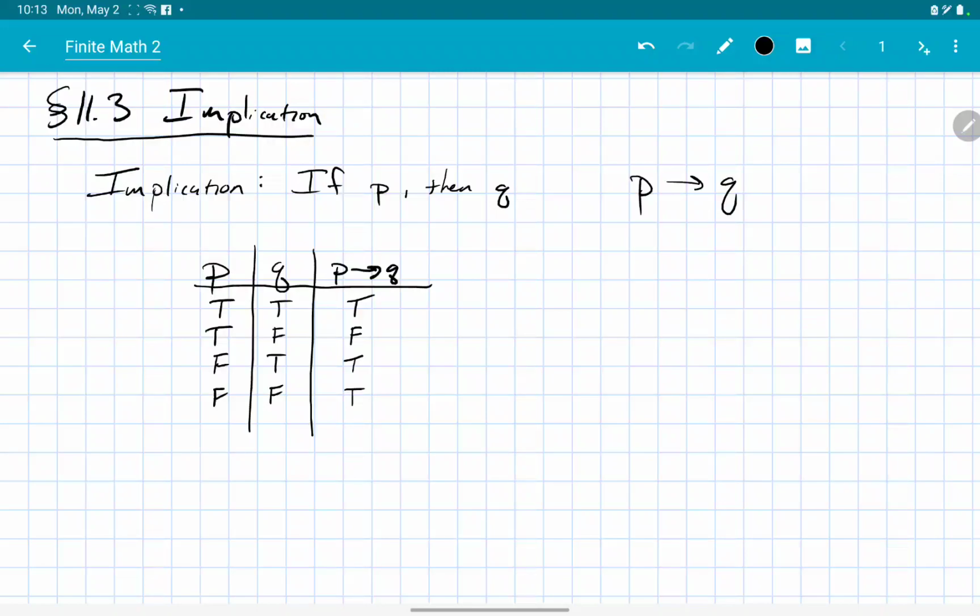Can someone tell me one of them? 6. Great example. 6 is not divisible by 4, but it's still even. But that doesn't mean the mathematical theorem, if a number is divisible by 4, then the number is even, is false. Okay? That's what's going on here in this second row.